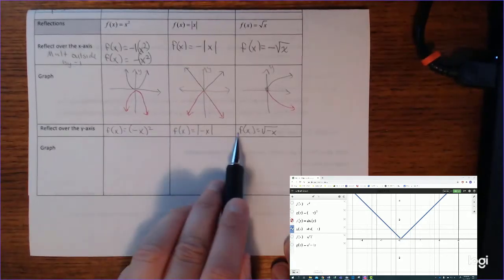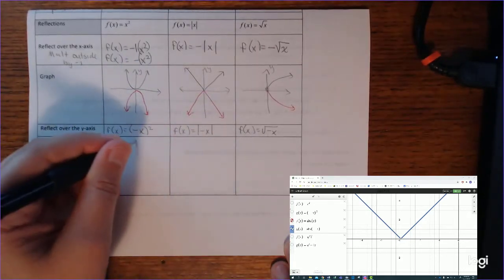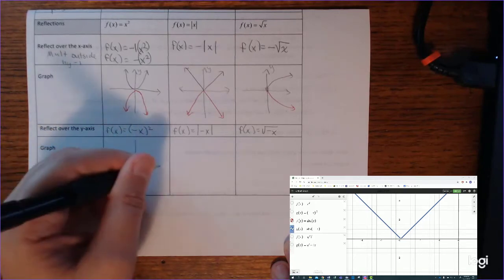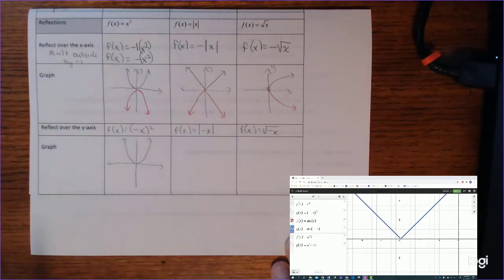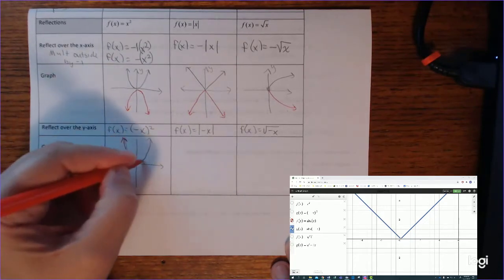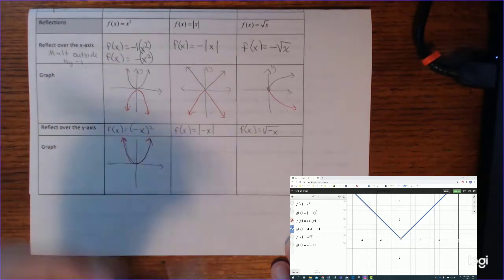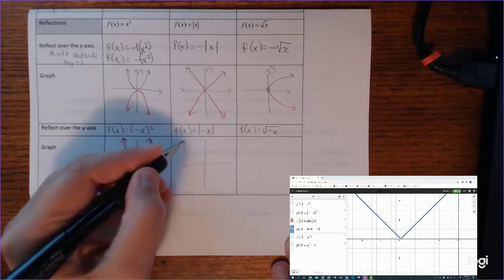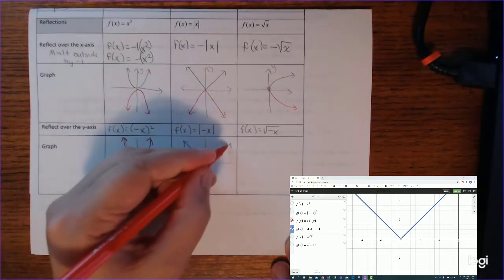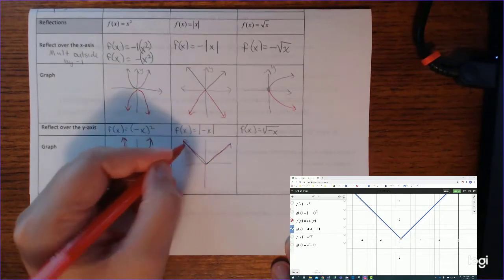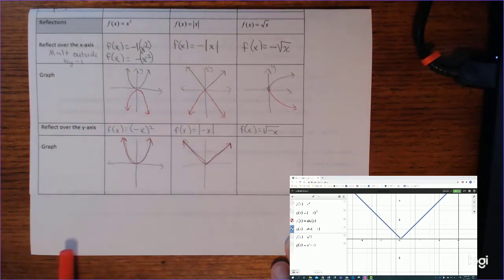Graphing these, it's not going to really show up, because this is y equals x squared and this is y equals negative x quantity squared. This is absolute value of x, and reflected over itself it is absolute value of negative x.